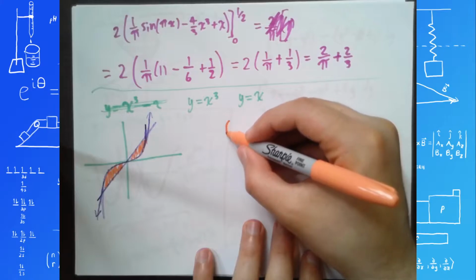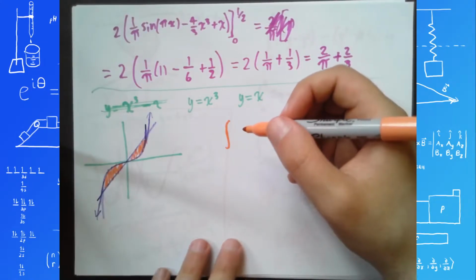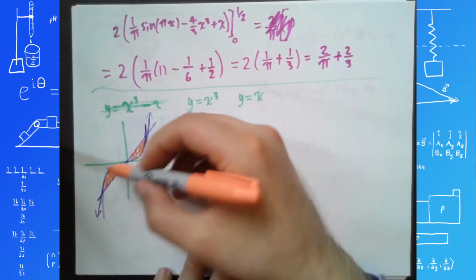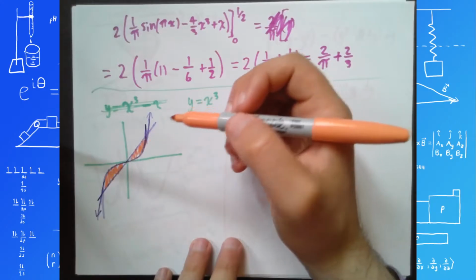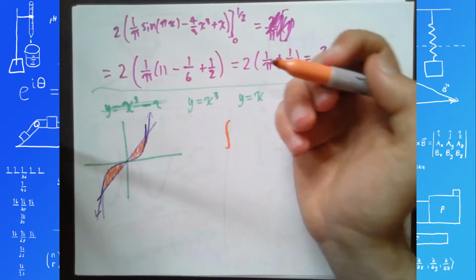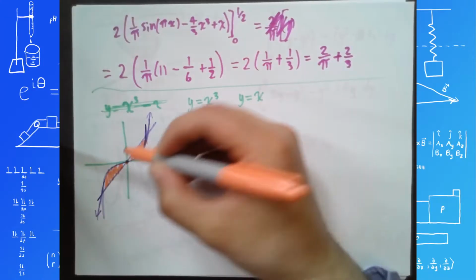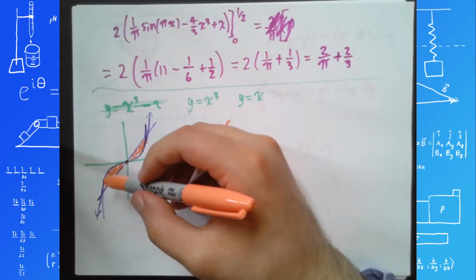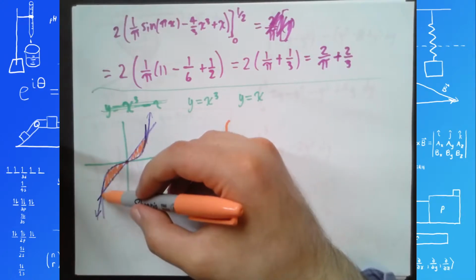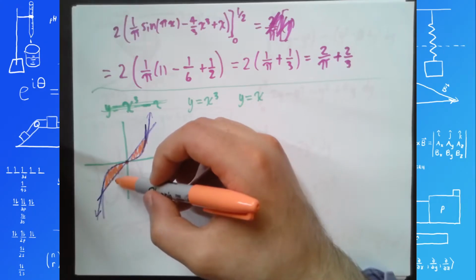But let's see, so assuming we didn't know that, why would we have to split it up into two integrals? Because the top curve and bottom curve, or left curve and right curve if you're doing it with horizontal strips, is going to change once you hit the origin. To the left of the origin, your left curve is the cubic function and your right curve is the linear function.